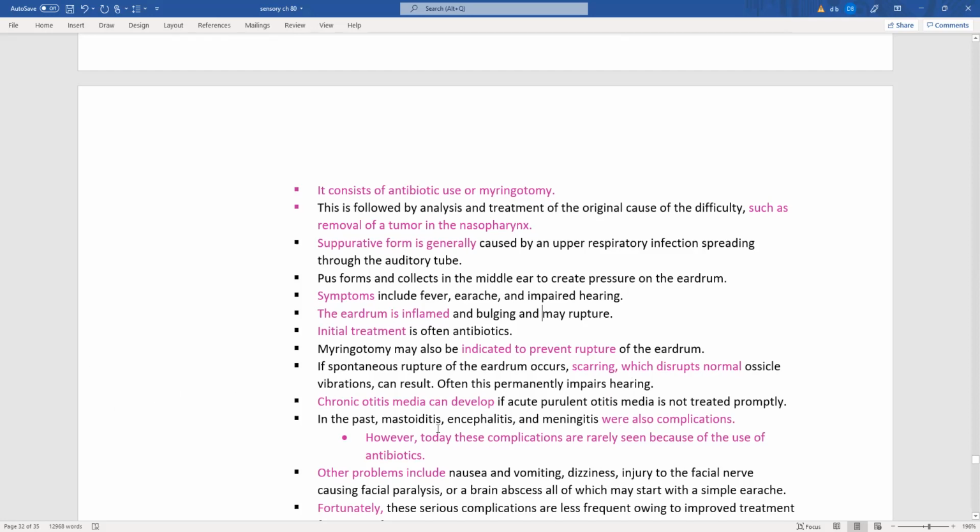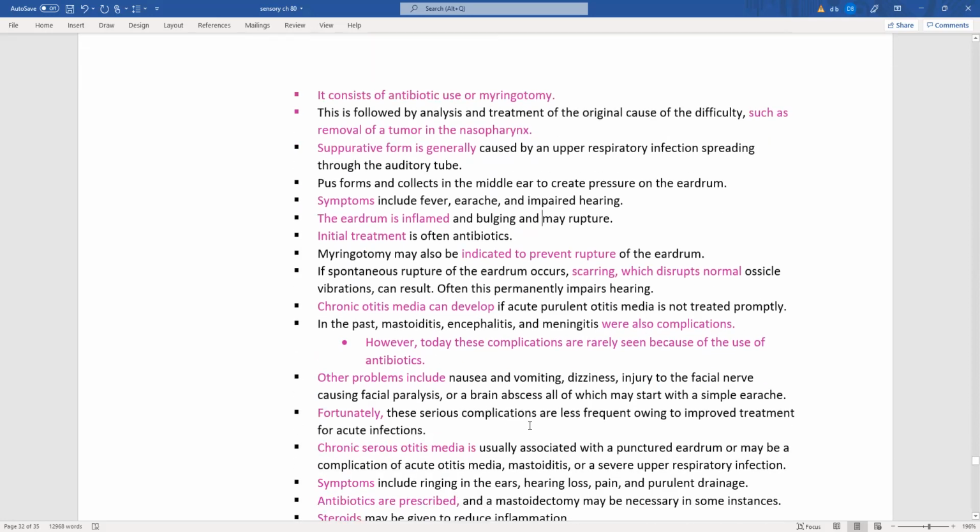In the past, mastoiditis, encephalitis, and meningitis were also complications. However, today these complications are rare because of the use of antibiotics. Other problems include nausea, vomiting, dizziness, injury to the facial nerve causing facial paralysis, or a brain abscess, all of which may start with a simple earache.